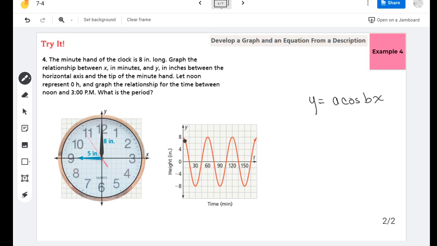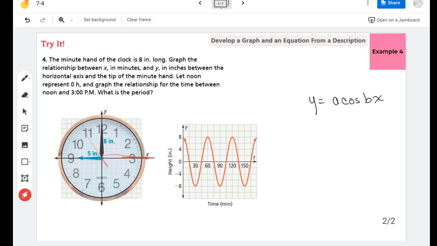So notice, I just took their graph. So if this thing is starting at 12 o'clock midnight on the minute hand, it's going to be 8 inches high, which you see here at 0. And then they're going in 15-minute increments. And that's because there's 15 minutes in a quarter of a clock.